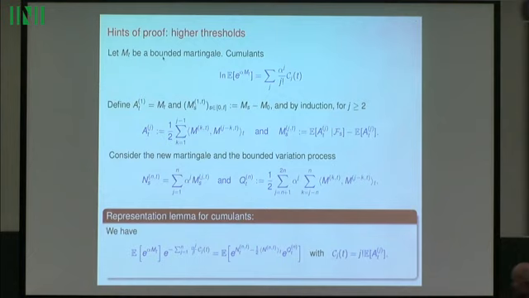So this maybe does not ring a bell to you because it's just a complicated formula, but actually it's not difficult to convince oneself that it's a natural procedure to give a representation for the cumulants, and the cumulant is just the expectation value of this process here.